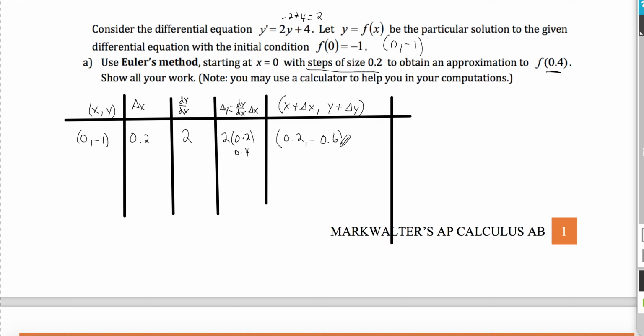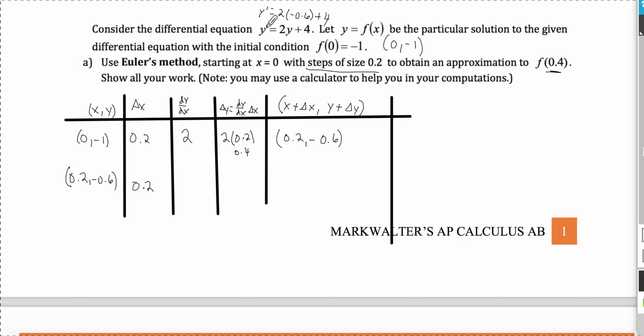Now I know my points I'm going to use to approximate stuff are 0.2 and -0.6. What's my delta x? It's still 0.2, that's not changed. But my dy dx is going to change based off of this new point here. Well, y prime dy dx is going to be 2 times -0.6, the y value of that new point, plus 4.